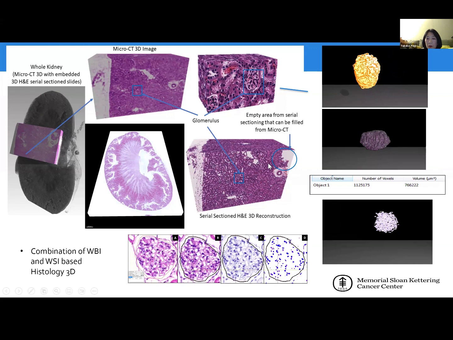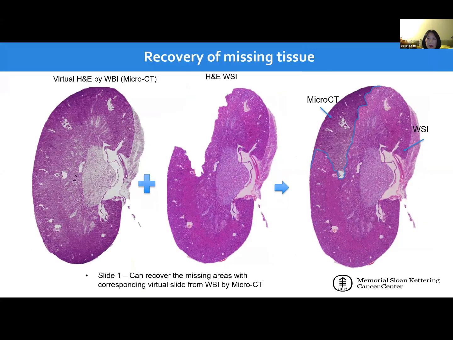Then using histology whole slide image-based 3D, we can extract only the glomeruli, and also visualize and count the number of nuclei if you want. Also, with tissue artifacts, sometimes we're missing some tissue in the slide.